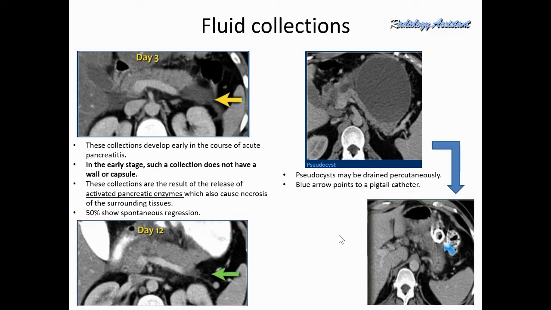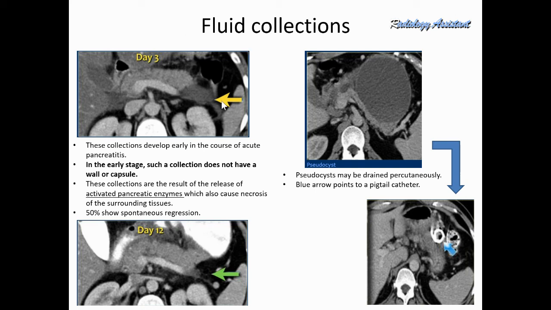I talked about fluid collections and how important they are with the Balthazar system. So if the pancreatitis is not the severe type, then in the early stage we might see 1 or 2 low density fluid collections, and these fluid collections do not have a wall because they are due to the fact that activated pancreatic enzymes leaked out into the surrounding tissues, and so they are not contained by a wall.